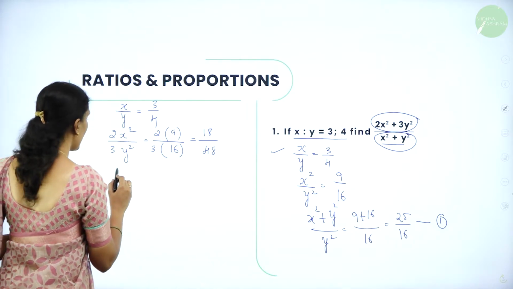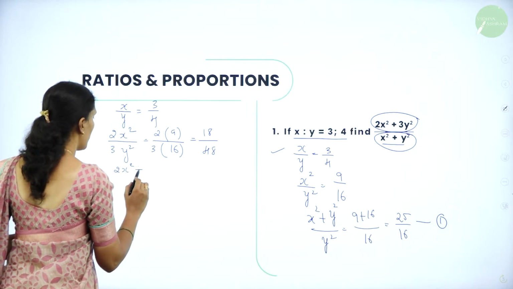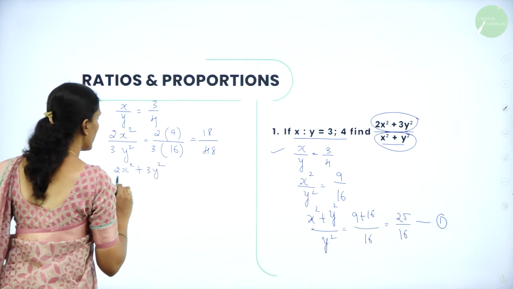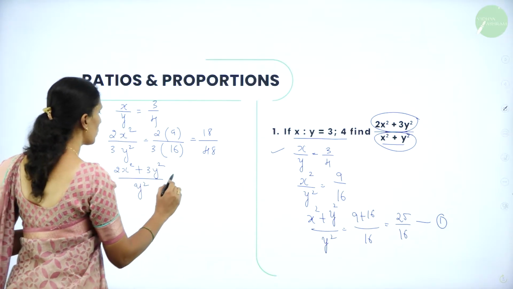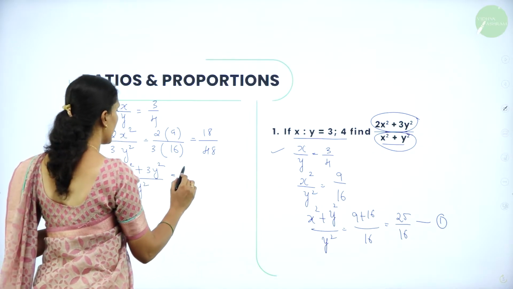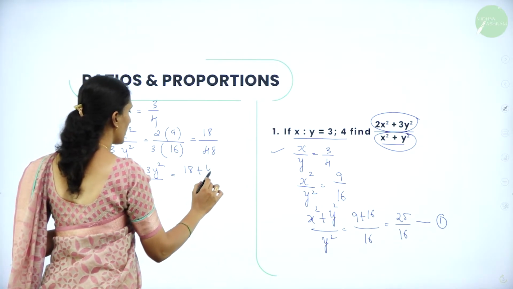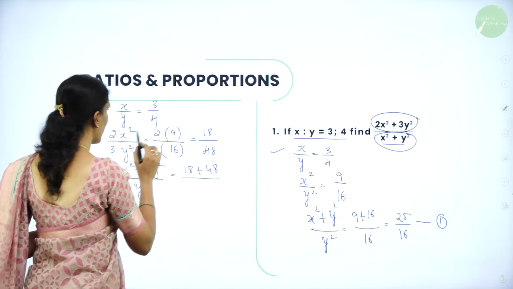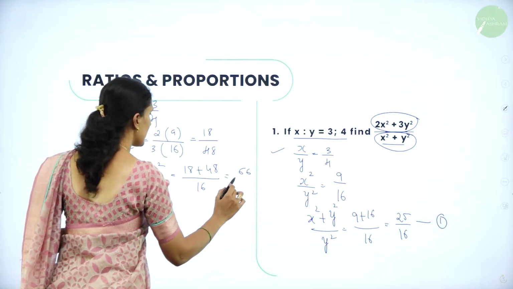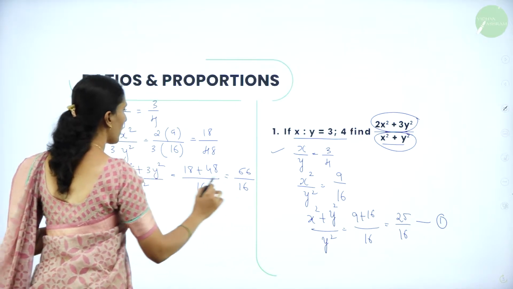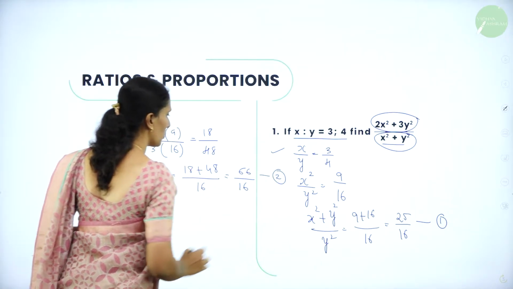So next I'll take 2x square plus 3y square divided by y square. So 2x square is 18, 3y square is 48, y square is 16. So when you add it, it is 66 by 16. So you can take this as equation 2.